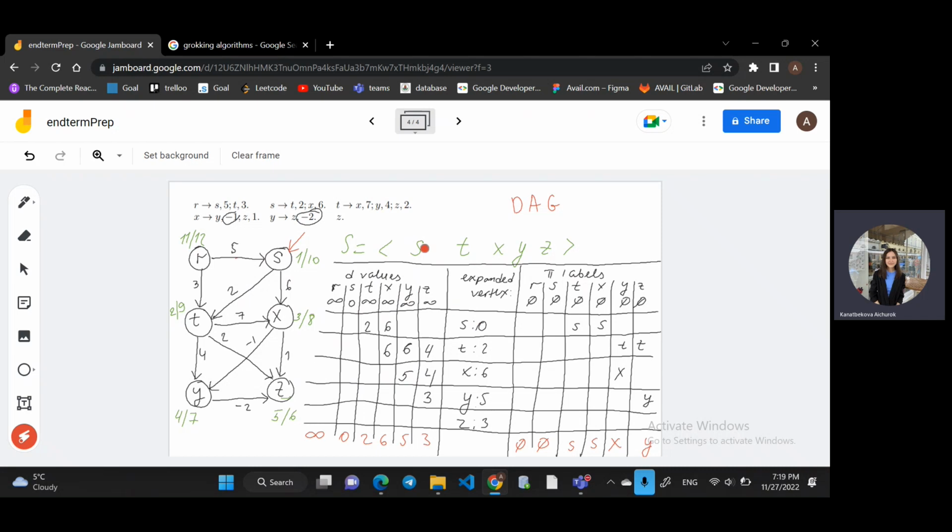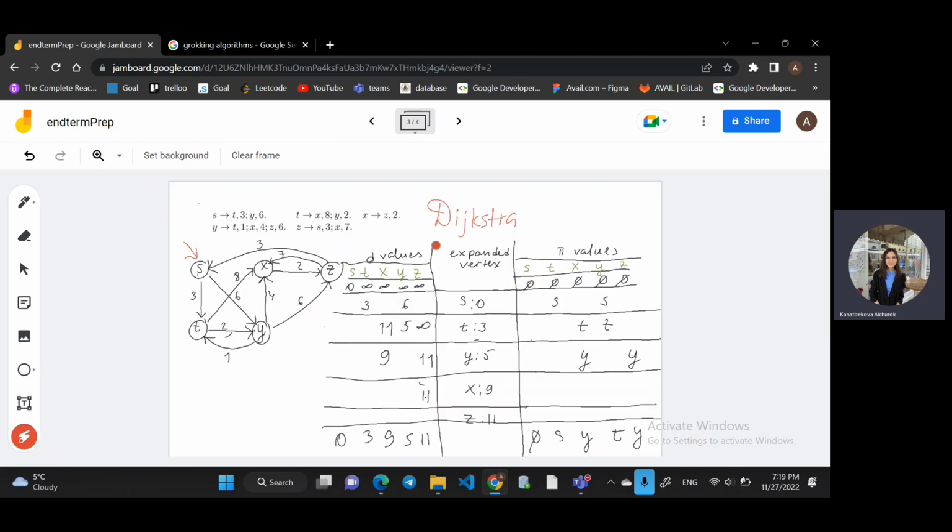and then you put the source. The very difference from Dijkstra is that when you expand the vertex, you have to follow this topological sorting from left to right. For example, in case of Dijkstra, you choose the source vertex, and then you choose the one which has minimum weight.